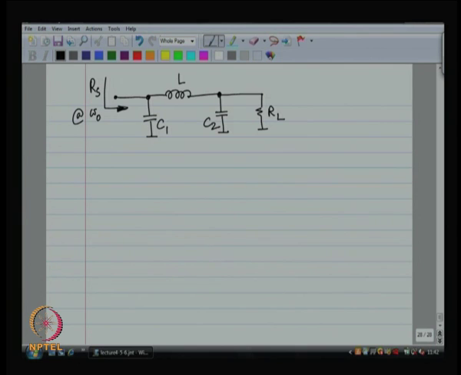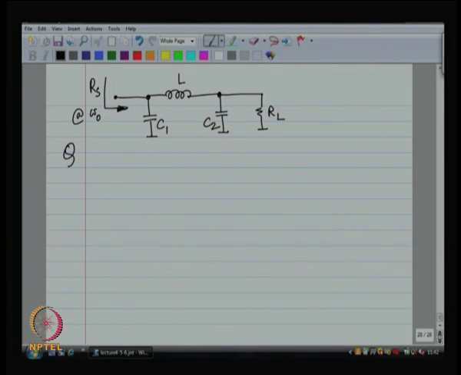And I want a certain quality factor of the entire network. I do not want the quality factor to be determined by the transformation ratio or anything else. Quality factor is a given, omega naught is a given, R s and R l are given, this ratio is also given, right. So, this is my situation.